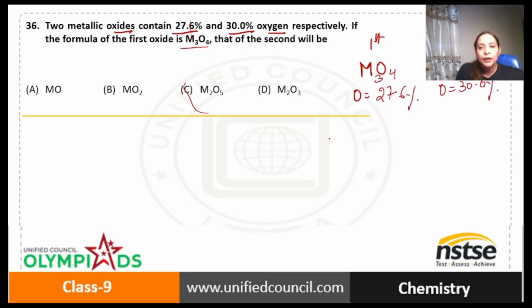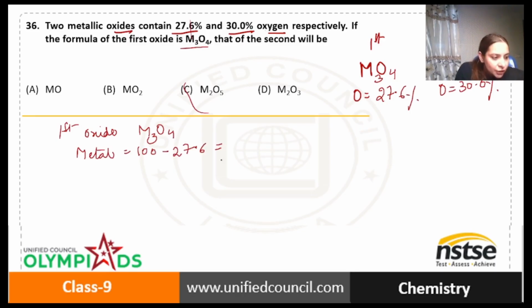In the case of the first oxide, M3O4, the metal present is 100 minus 27.6, which comes out to be 72.4 parts. Same way we can find it for the second oxide.